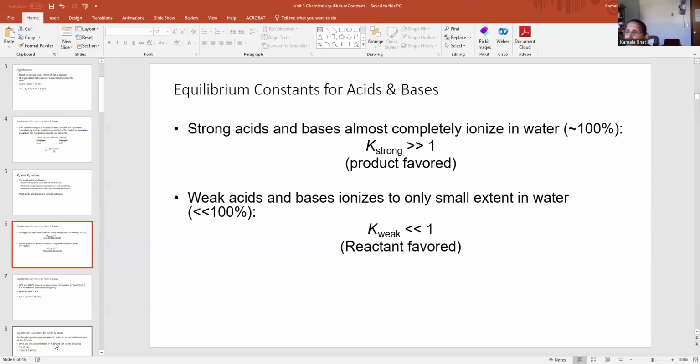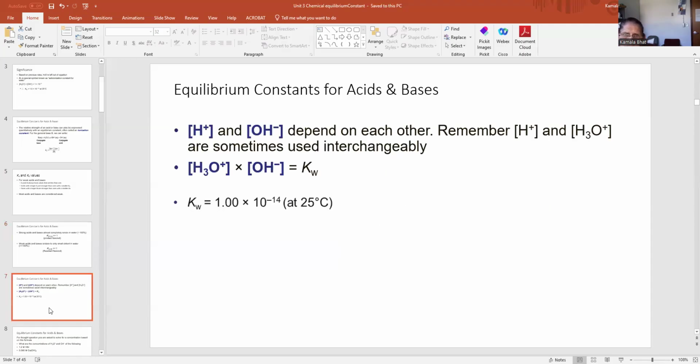On the other hand, weak acids and weak bases ionize to a small extent in water, and so they are considered reactant-favored reactions. Now, the product of the concentration of the H ion and OH ion is Kw, which at 25 degrees Celsius is 1 times 10 to the power negative 14. If the temperature changes, then Kw will change.